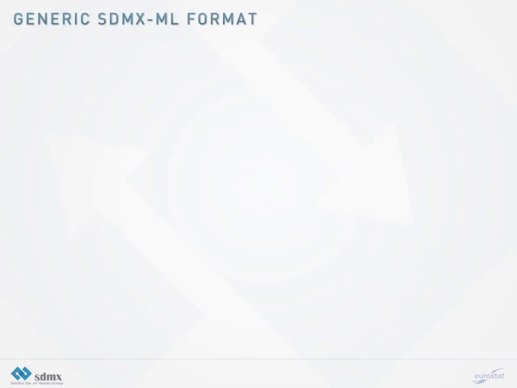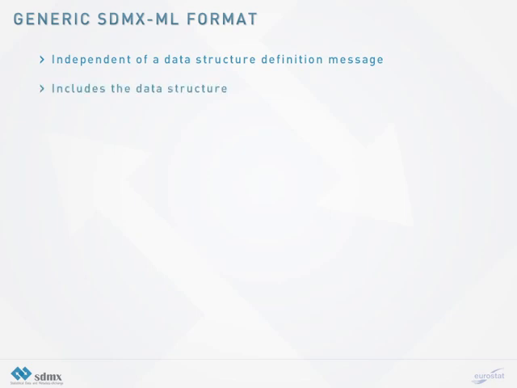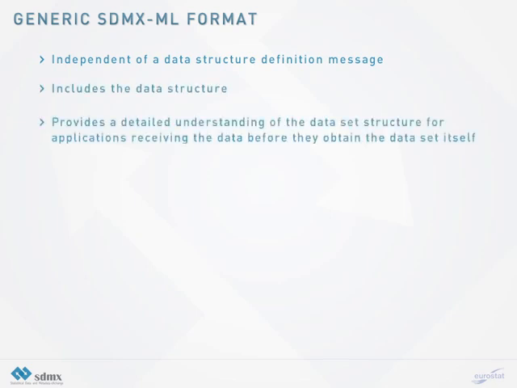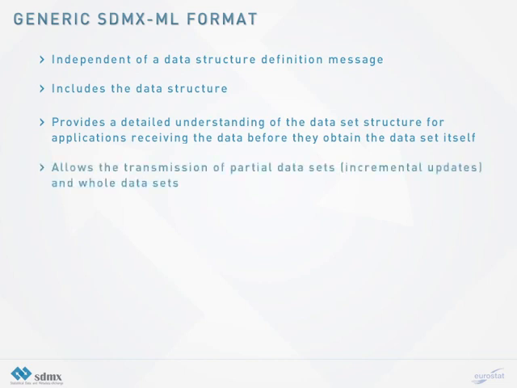The characteristics of the generic SDMX ML format are the following. It is independent of a data structure definition message. It includes the data structure. It provides a detailed understanding of the dataset structure for applications receiving the data. It allows the transmission of partial and whole datasets.